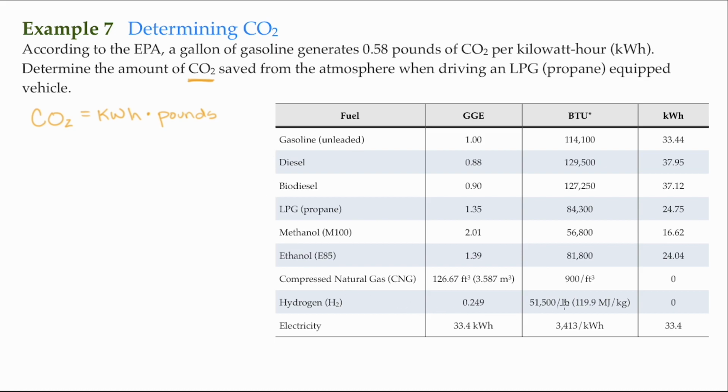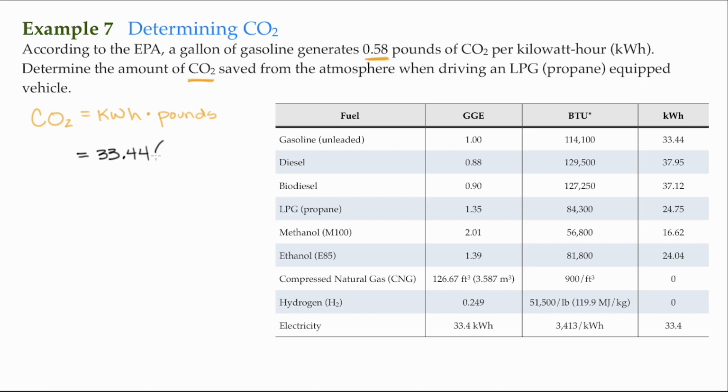So on our chart here, we have on the end over here, it's kilowatt hours. So for gasoline, it uses about 33.44 kilowatt hours. That's per gallon. So this is going to be a per gallon. So the kilowatt hours, that's 33.44. And the pounds is the 0.58 that we have right here.